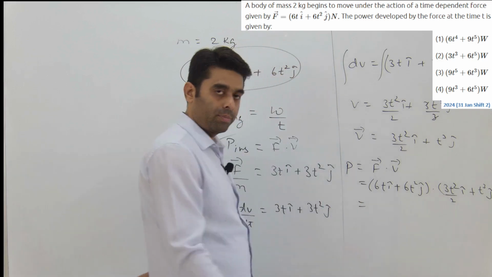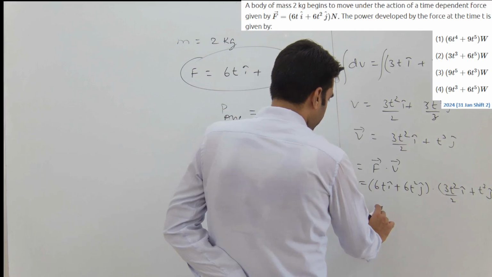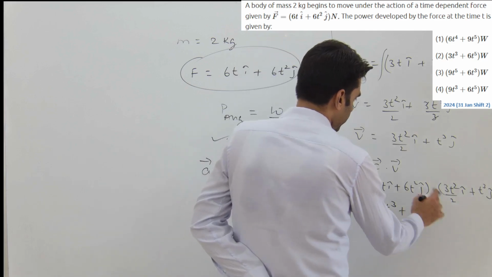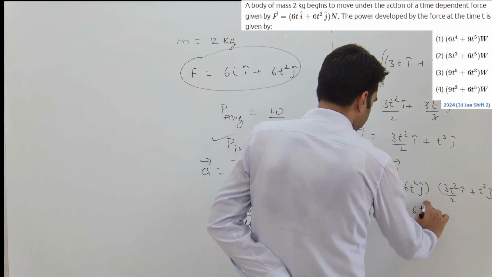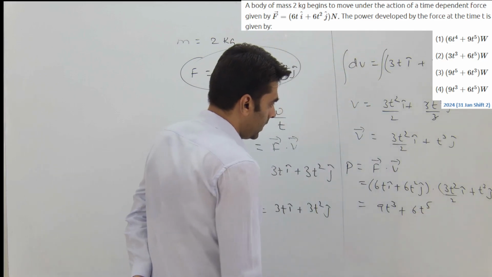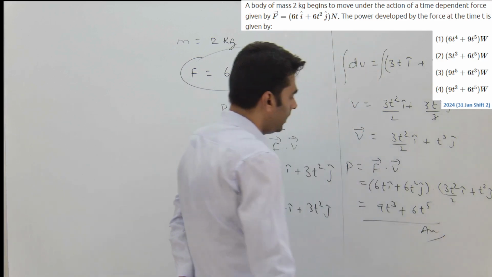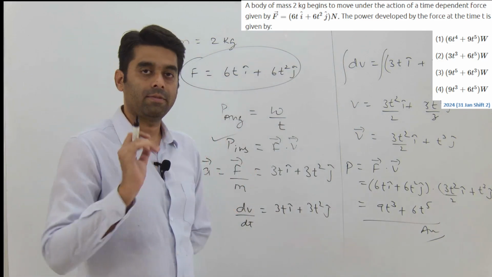If we do the dot product of this, we'll be getting ultimately 9t cube plus 6t power 5. Yes, this is what we are getting. 9t cube plus 6t power 5 is the power as a function of time t.